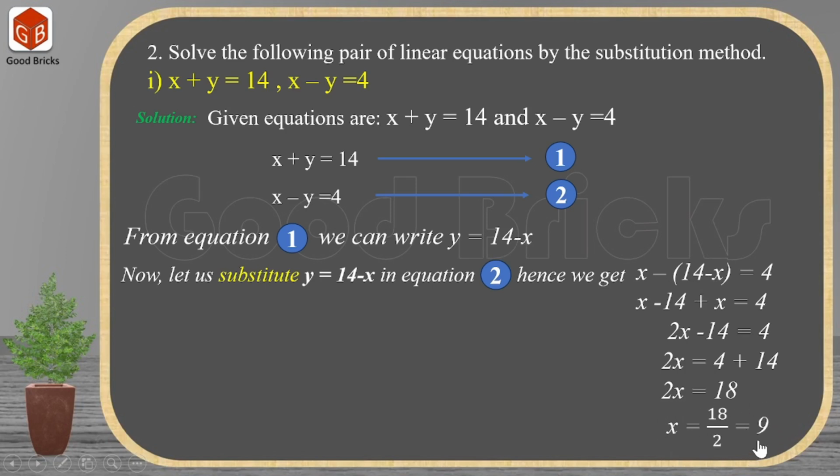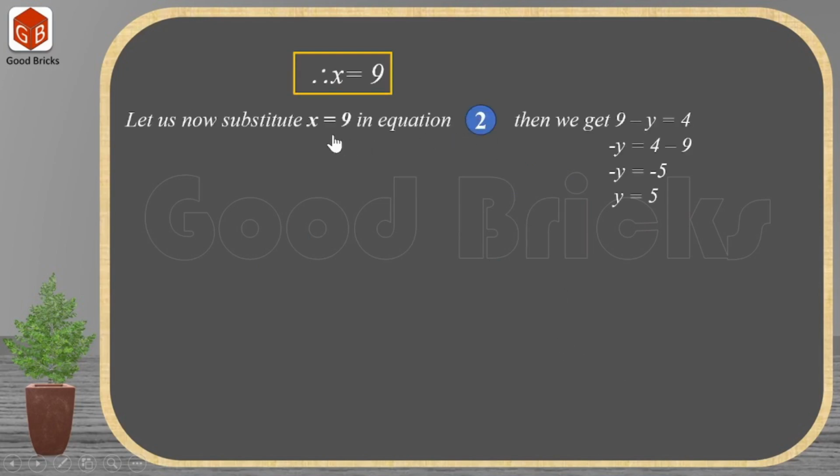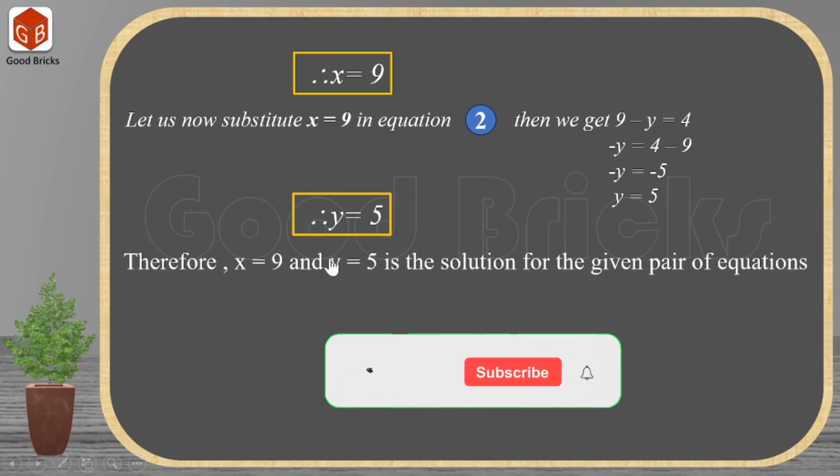Let us take this x is equal to 9 and substitute in any one of the equations. So now we are going to substitute x is equal to 9 in equation 2. When you write 9 in place of x and simplify, you will get the y value also. Finally, using this substitution method we got the values of x and y.